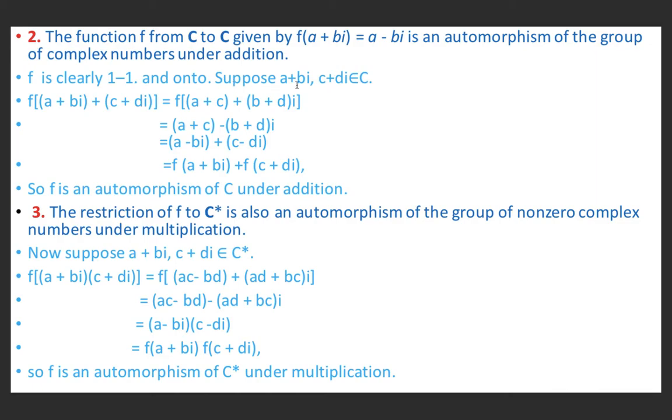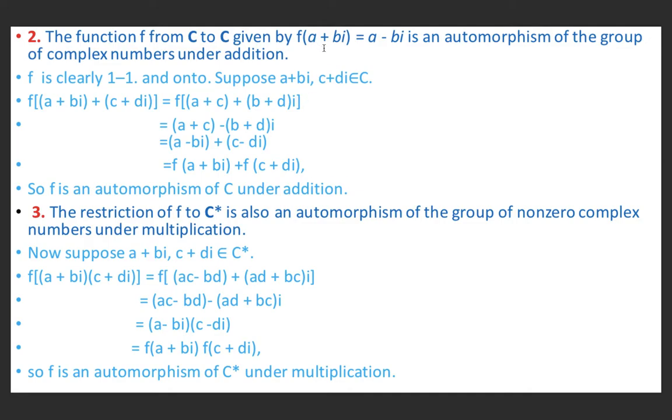Suppose a + bi and c + di belong to G. Now here the operation is addition. So f((a + bi) + (c + di)) is equal to, how do we add complex numbers? We add the real part with the real part and the imaginary part with the imaginary part. So (a + c) plus the coefficient of i, which is b and d, with i common, so (b + d)i.